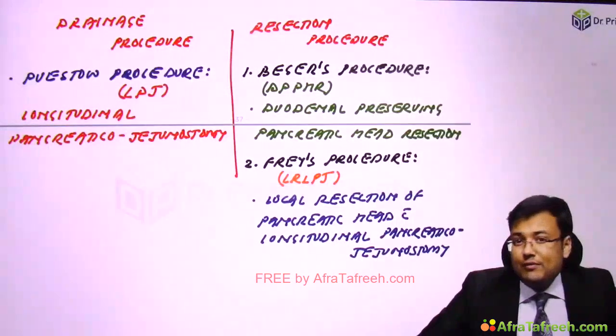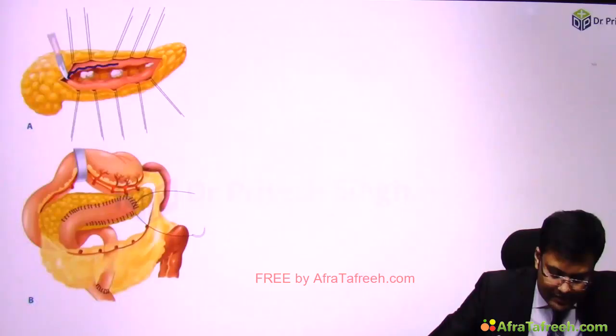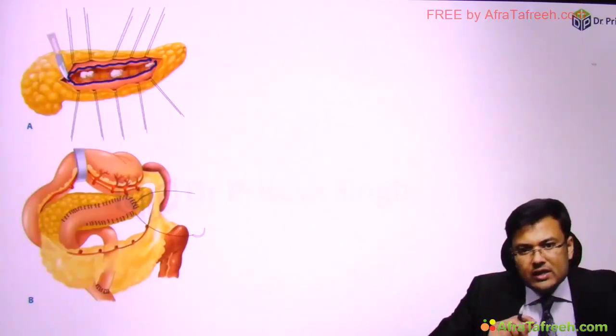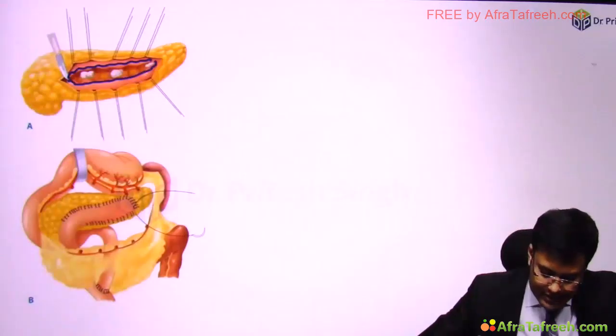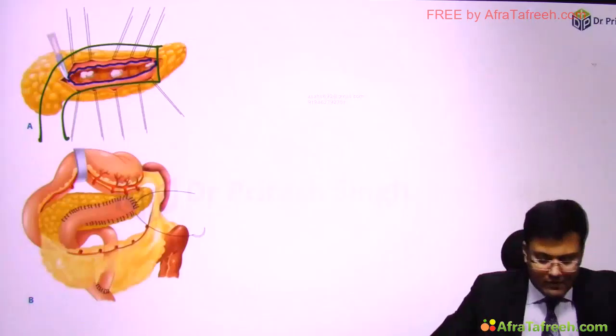Now how are we going to perform these procedures? Have a look. Here you can see this duct is dilated and it has stones also. So I'm going to open the duct along its whole length. After that, can you see this jejunum? I perform the anastomosis between the jejunum and the whole length of the pancreatic duct.